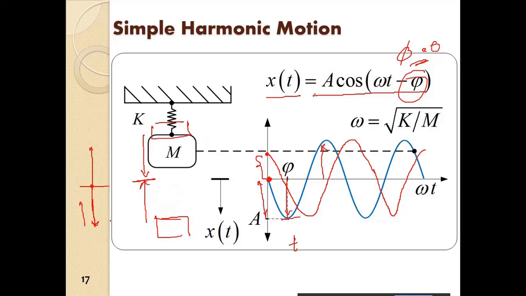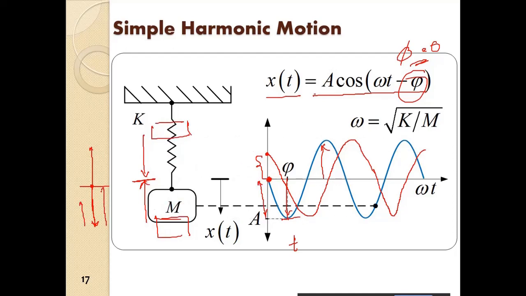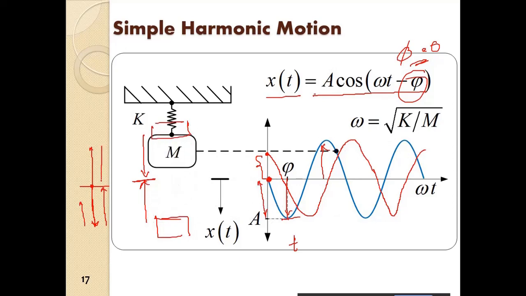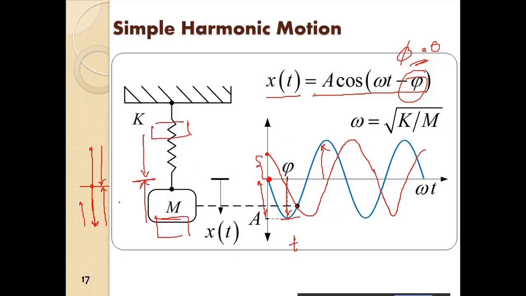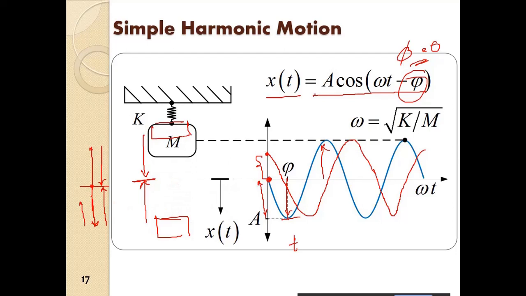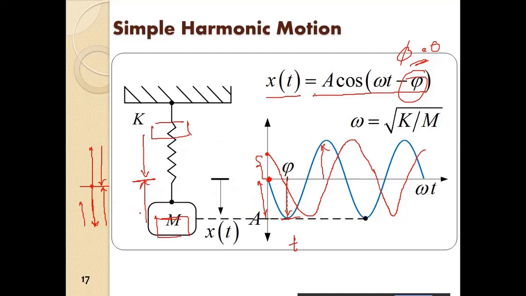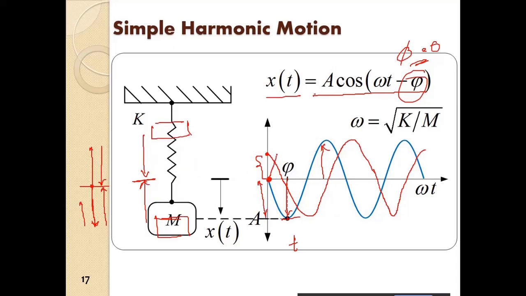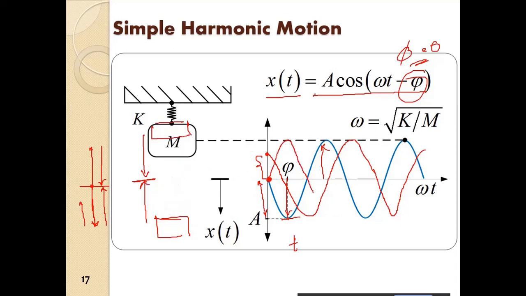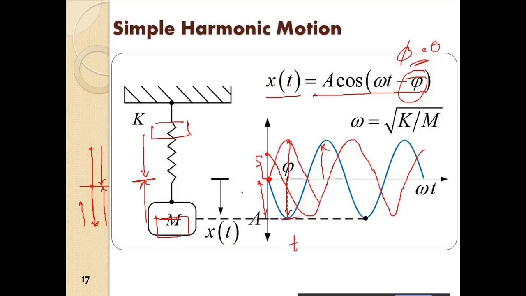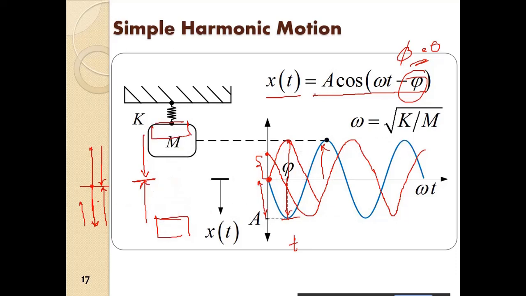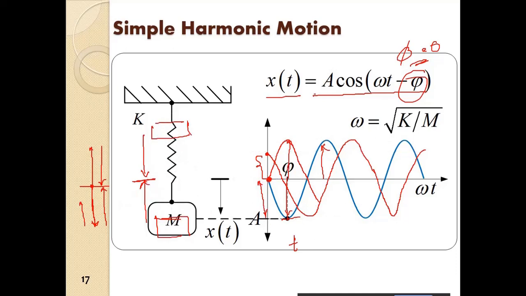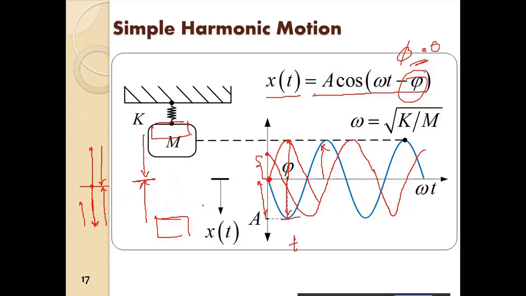So the acceleration is always directed to the center. When this particle is going down, the acceleration will also increase but in the opposite direction, like this. So acceleration will increase in the opposite direction.